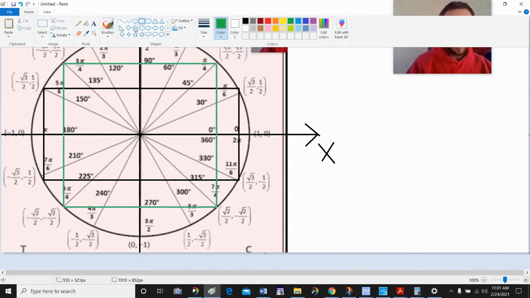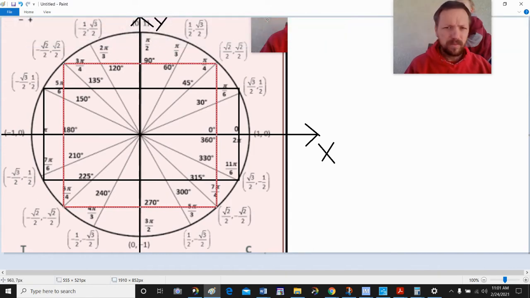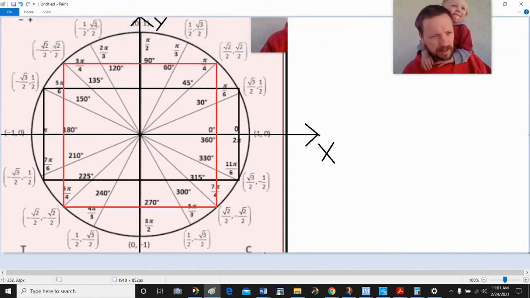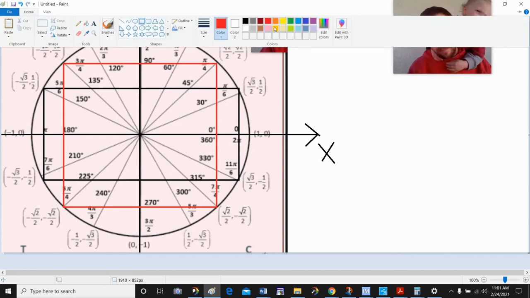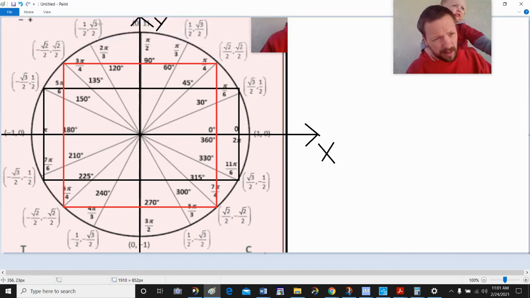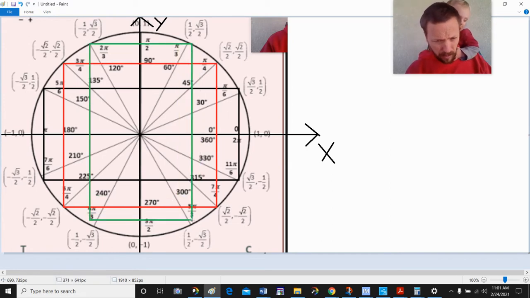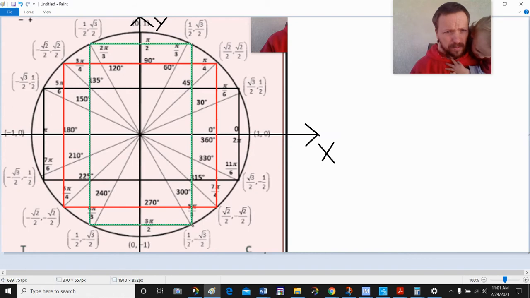One more rectangle, in green again. Yeah, Christmassy. And you can see that the corners are pi over 3, and again the coordinates match up, just negative, positive sort of deal.